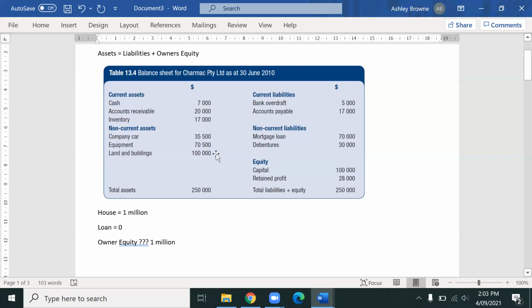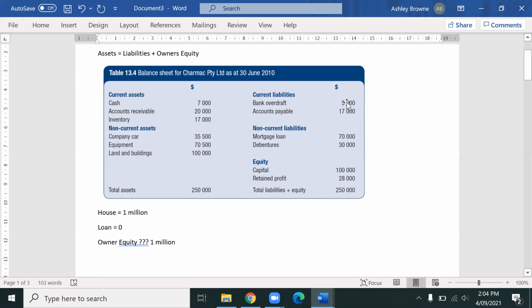Similarly, if you've got 250,000 here and all of these figures and 100,000 there, but you're missing retained profit, and you know that total is $250,000, then you know that it's 28,000 because it's the only thing missing. So you might be asked questions where something will be missing from some side, and you know that this equals that, and so on.